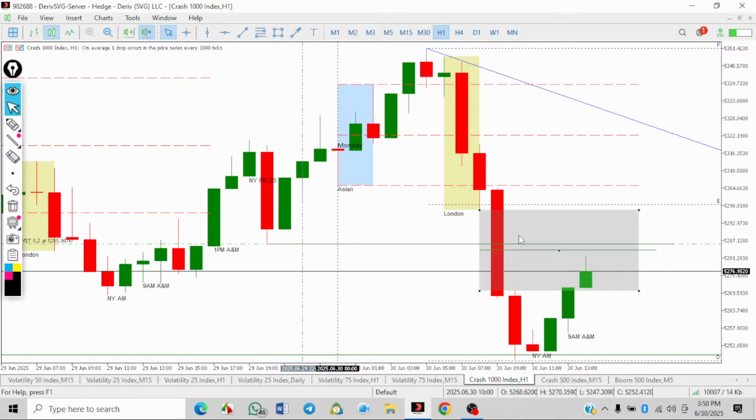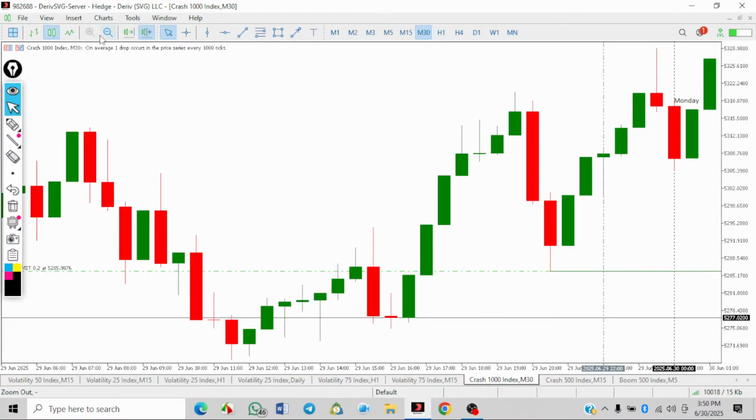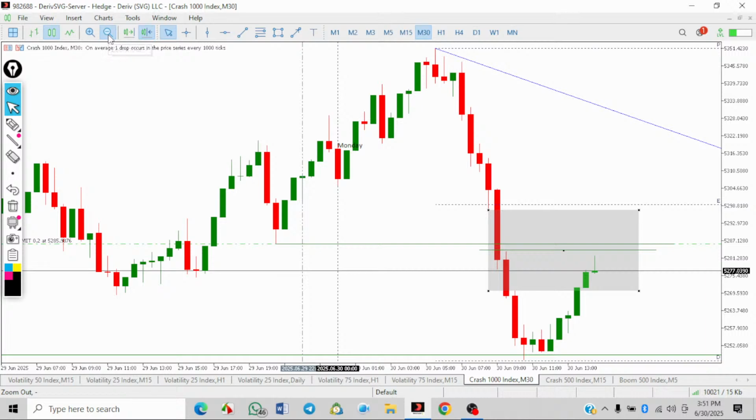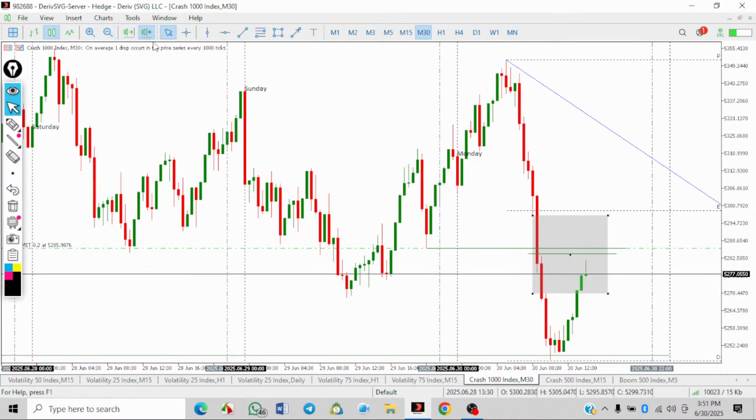So I've placed my sell limit at this area. But since we had a spike earlier, probably they might want to use it. Let me see my SL.